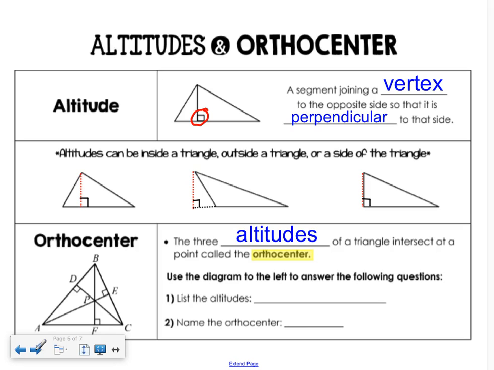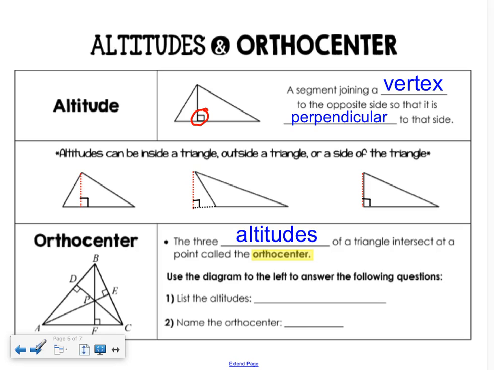But again, your trick there is to look for that right angle to help you distinguish. Your 3 altitudes intersect at the orthocenter.